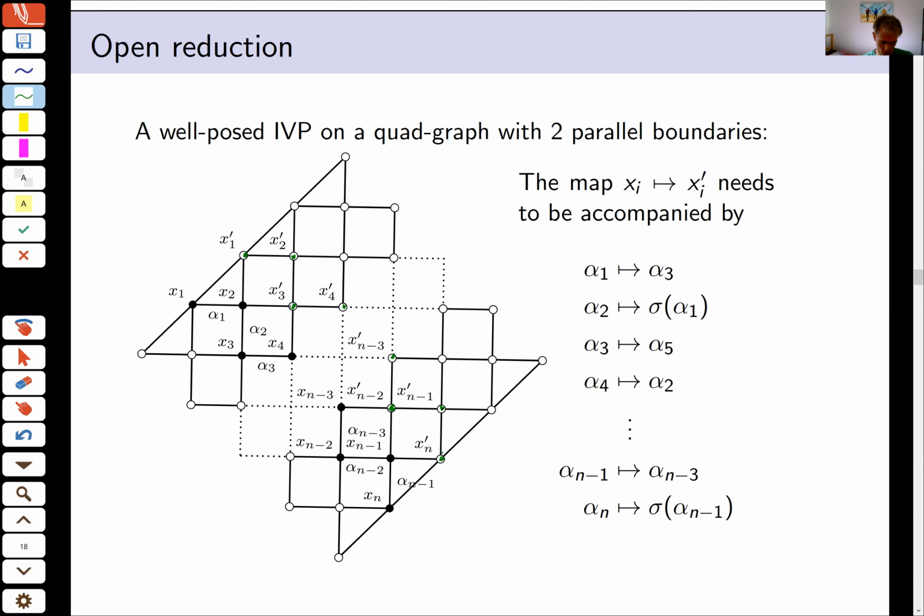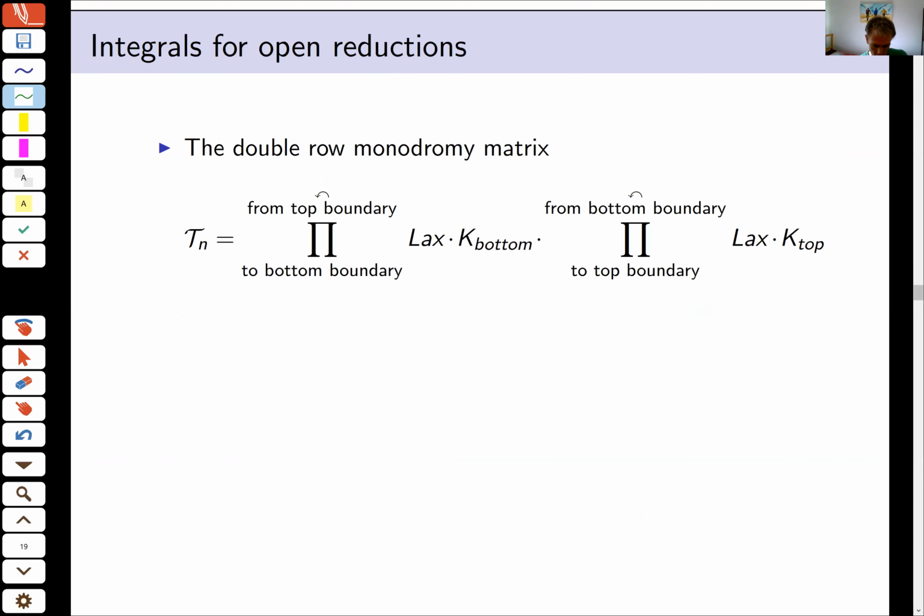Now, what we did before with periodic reductions, we had a monodromy matrix, and the trace of that gave us integrals for that map. The same thing can be done here. Here is the double row monodromy matrix. So we take a product of Lax matrices from the top boundary to the bottom boundary. Then we multiply with that K matrix, the boundary matrix at the bottom.